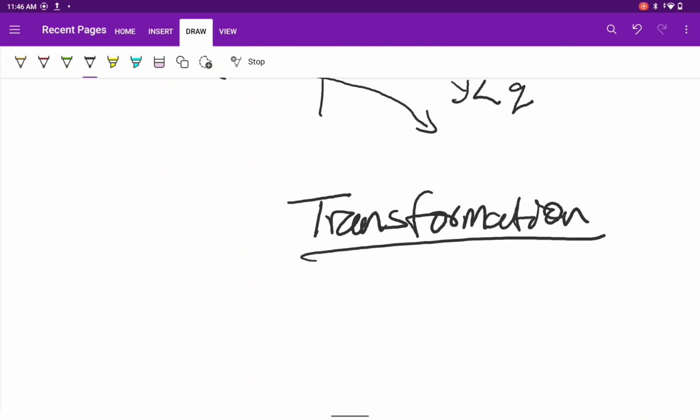All right, so the transformation, let's go to the before reflection. Let's see how we can shift the graph, the translation.